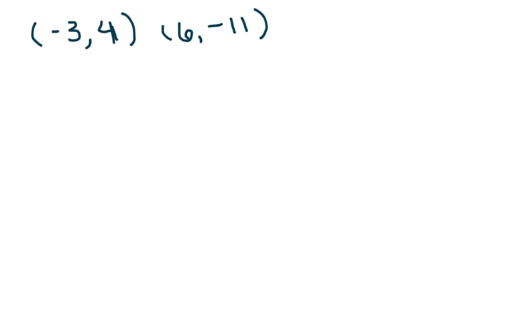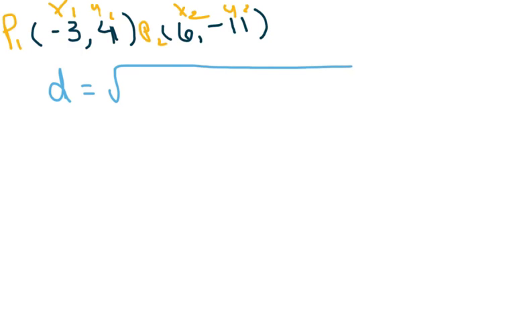All right, so we have point 1, which is x sub 1, y sub 1, point 2, which is x sub 2, y sub 2. And I'm going to use my distance formula to find the distance. And we don't have to draw.